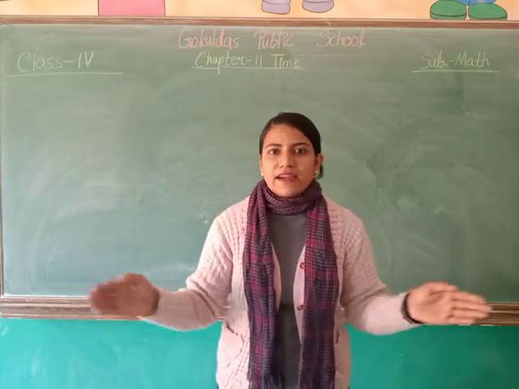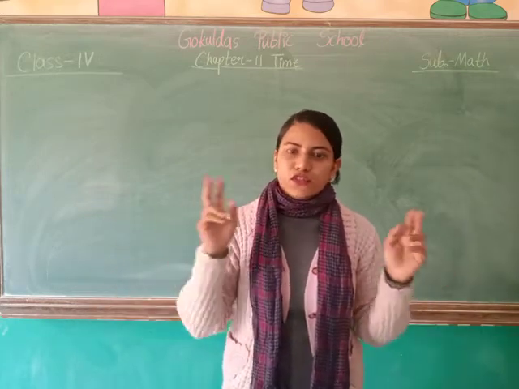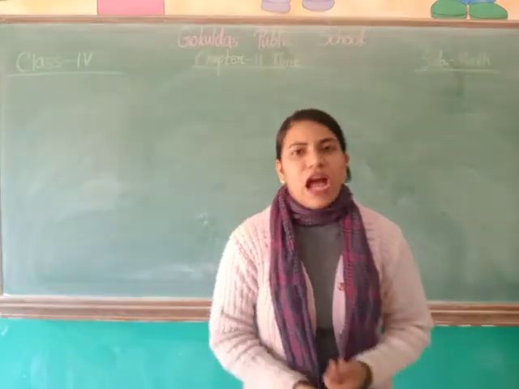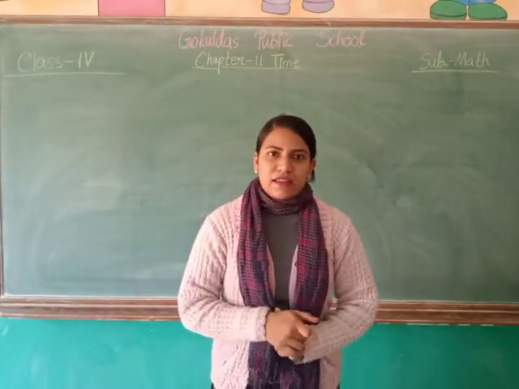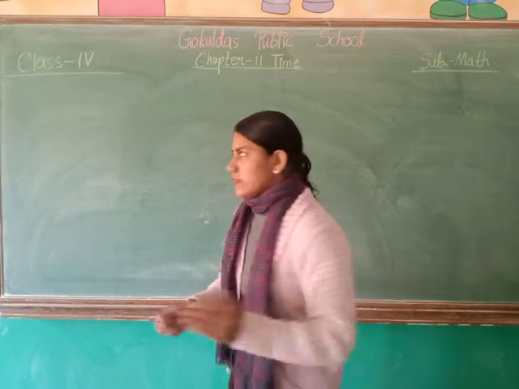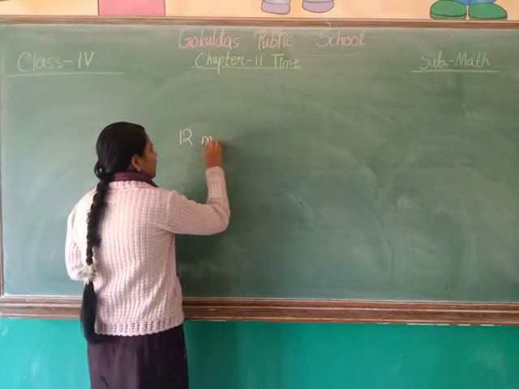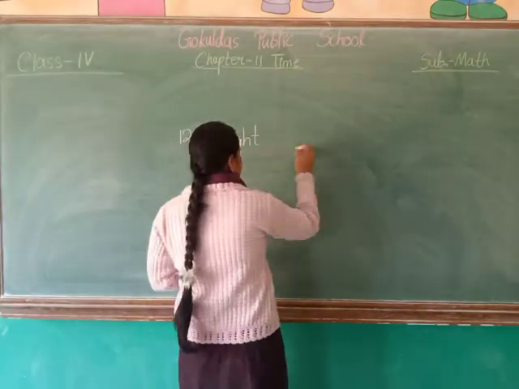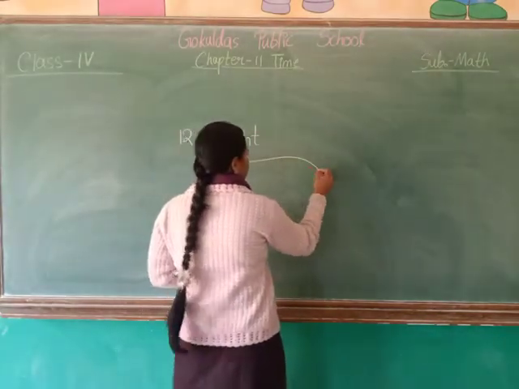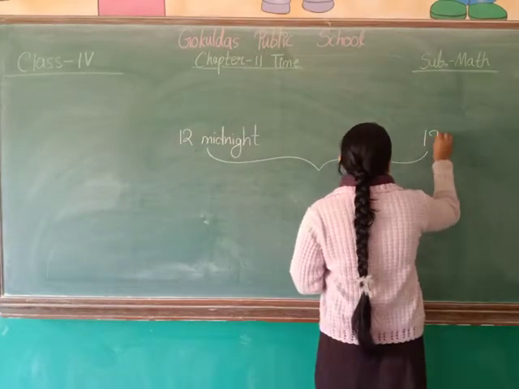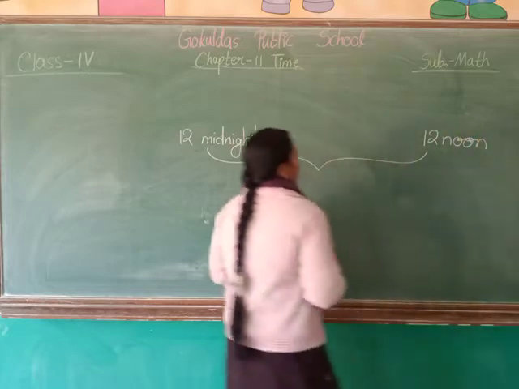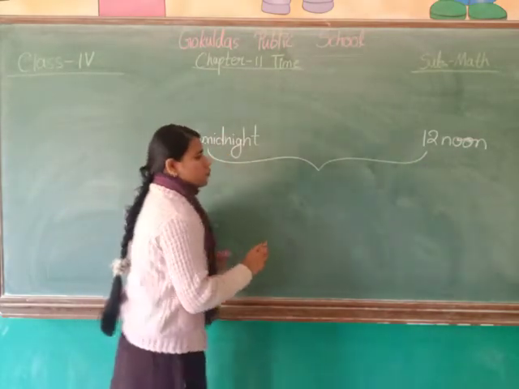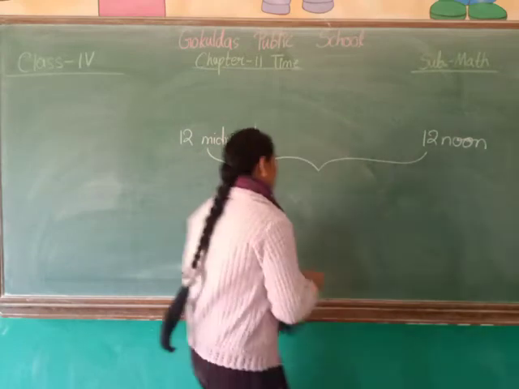So in the 12-hour clock format, what do we do? We divide the whole day, the 24 hours, into two equal time zones, in which the first time zone is from 12 midnight to 12 noon, and the second time zone starts after 12 noon.